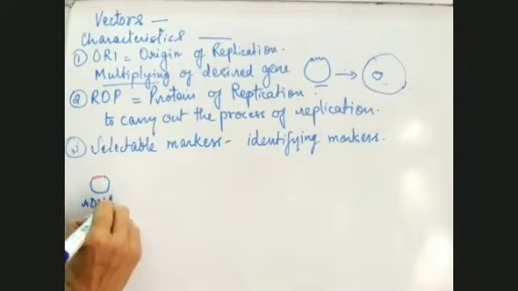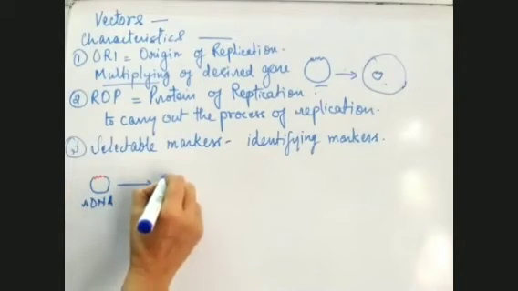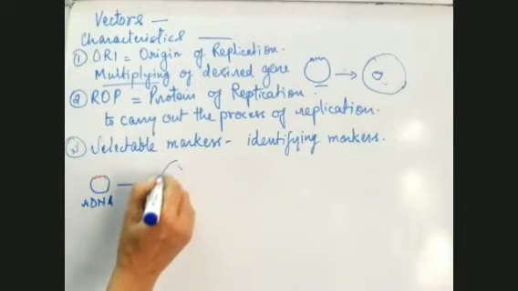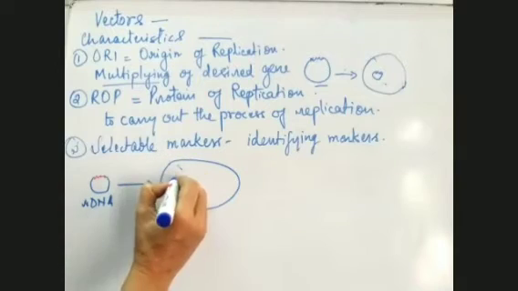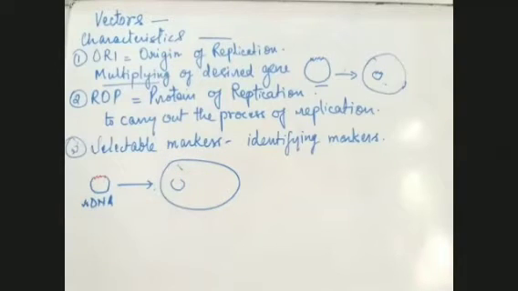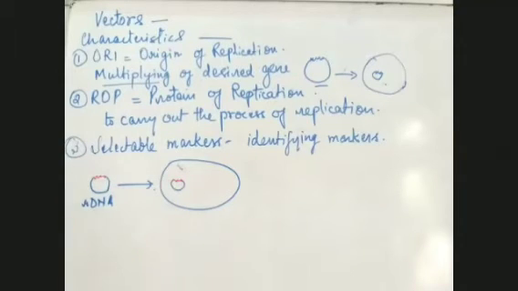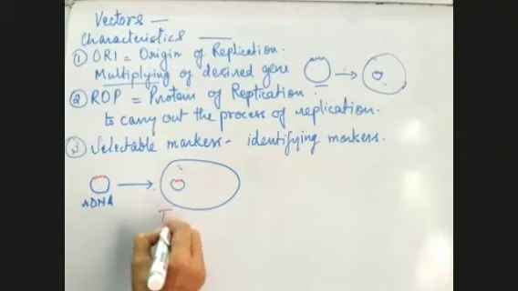This recombinant DNA which is formed is introduced in a bacterial cell. When this recombinant DNA is introduced in a bacterial cell, this bacterial cell we call transformed.